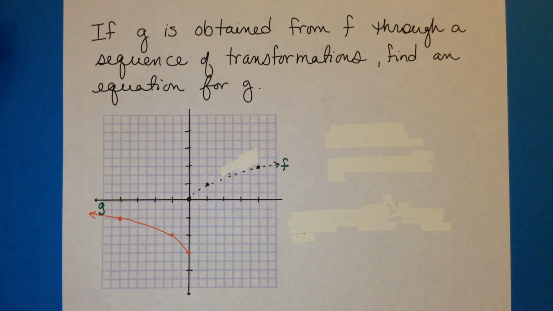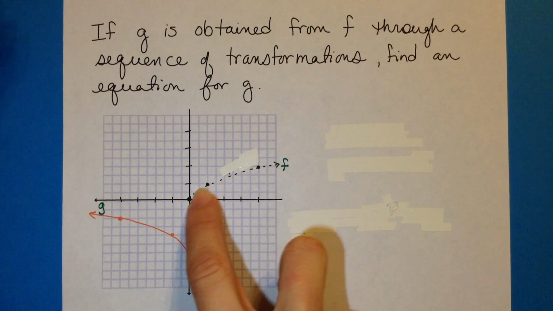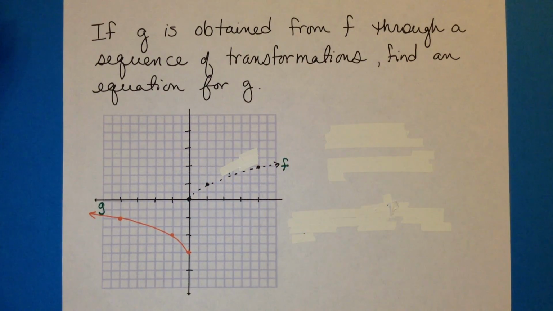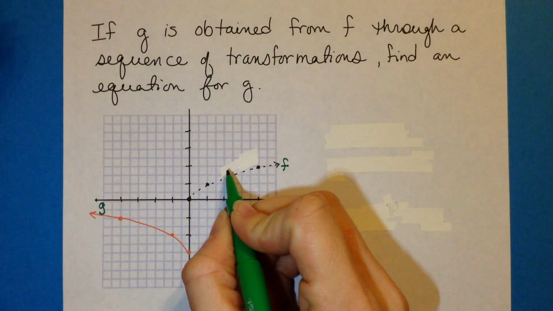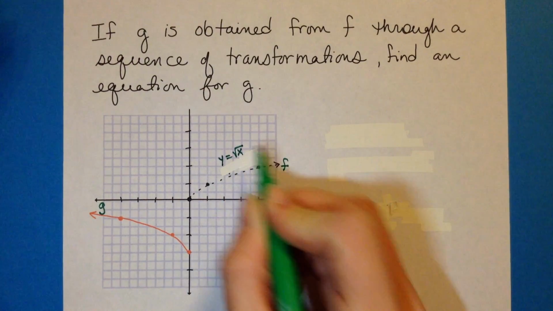Okay, so what you've got to do first is whatever graph that they give you as your starting graph, which in this case is the F, you've got to know out of the 5 functions we've just finished talking with, which one is it. So based on the shape, this is the shape of your square root, your y equals square root x.